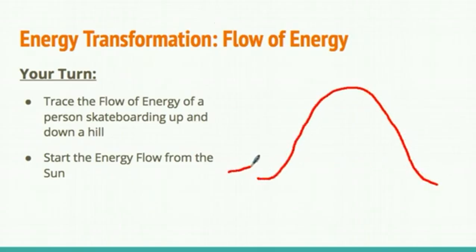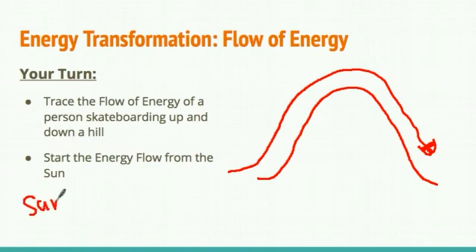And the skateboarder wants to go up and then down that hill. I want you to start with the energy flow from the sun. And then I want you to transfer all that energy all the way to whatever energy is going to be at the bottom here. So this is going to be a multi-step energy flow.